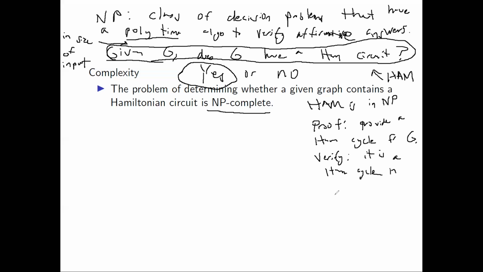And we can do that in polynomial time in terms of n, of course. So all we have to do to verify that it's actually a Hamiltonian cycle is we check to make sure that all of the vertices in the cycle are different except for the first and last. We verify that the cycle includes all the vertices in our graph. And we verify that every two adjacent vertices in this cycle are actually connected by an edge in our graph. And of course, we can do this in polynomial time if we're given the graph. So that tells us that the decision problem HAM is in NP.